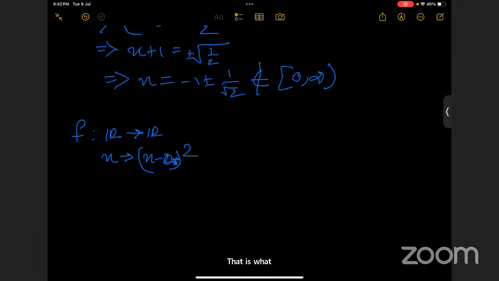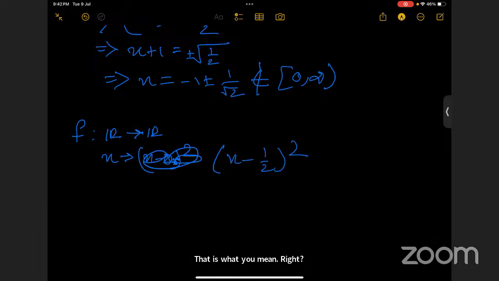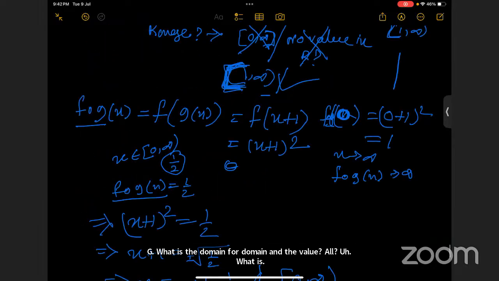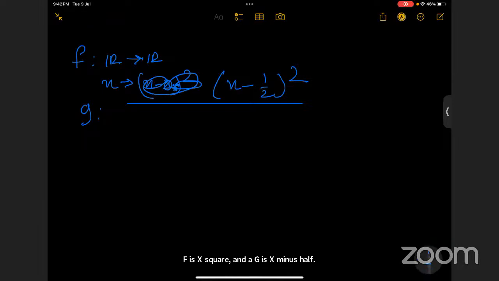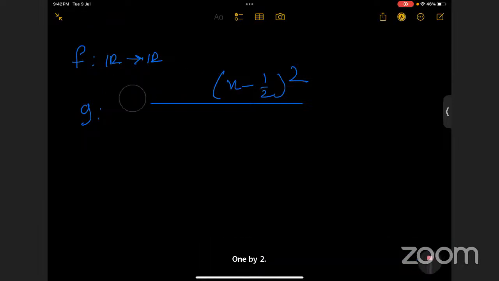Yes. And g, what is g? Domain, codomain, and the value. g is x minus 1 by 2, and f is x square. So f is x square and g is x minus half.